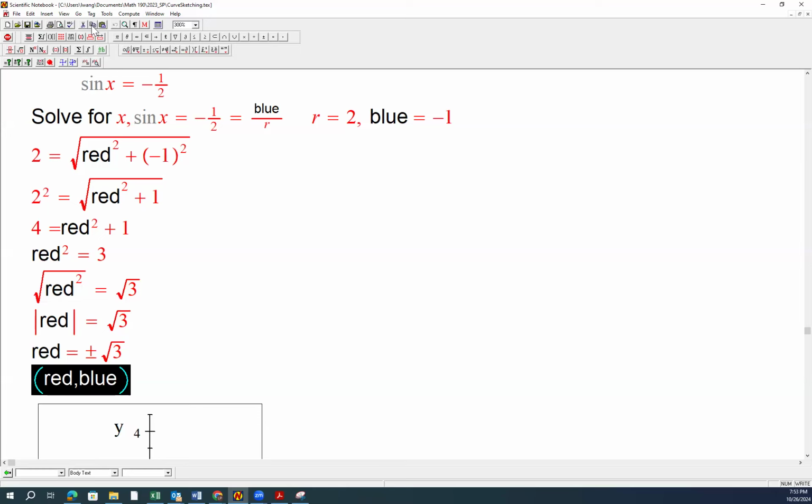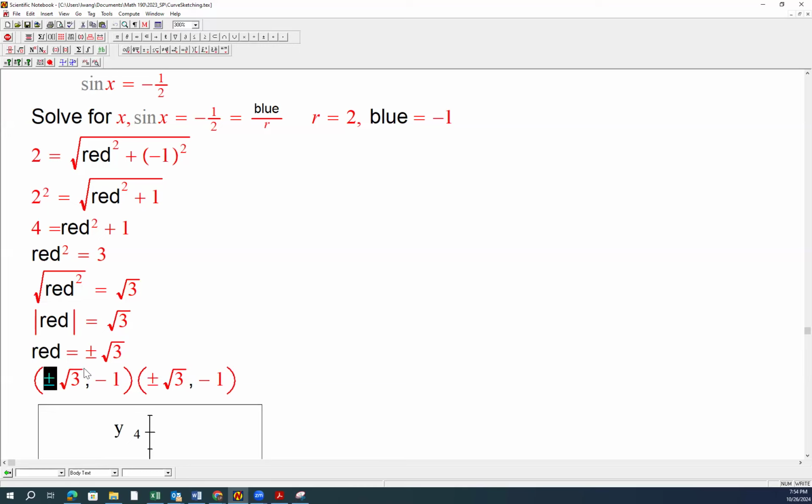For the same blue, which is -1, our work above showed there are 2 reds: a positive √3 and a negative √3.